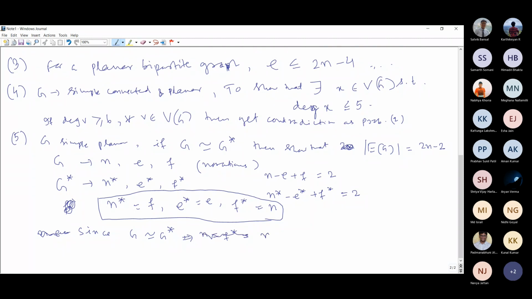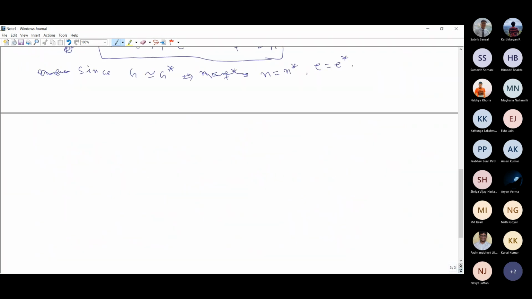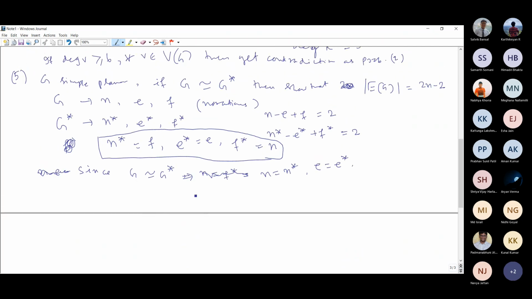Isomorphic means that n is equal to n star, e is equal to e star, and f is equal to f star. They are ultimately the same graph. That is why these parameters will agree: n equals n star, e equals e star, and f equals f star.